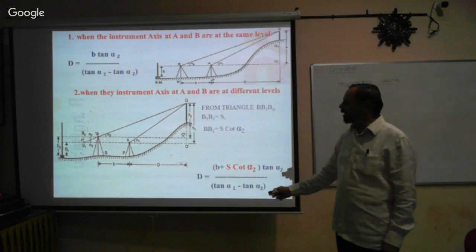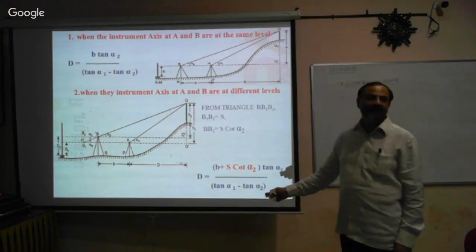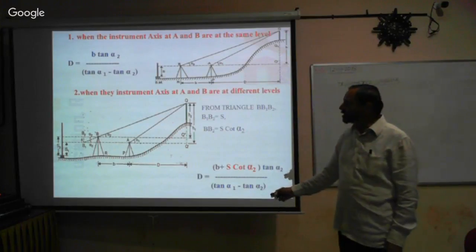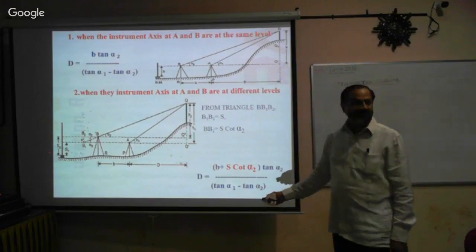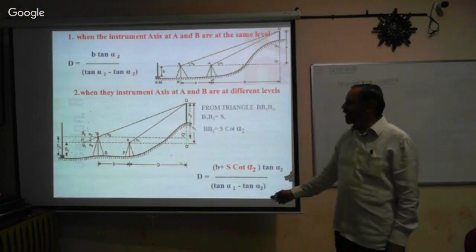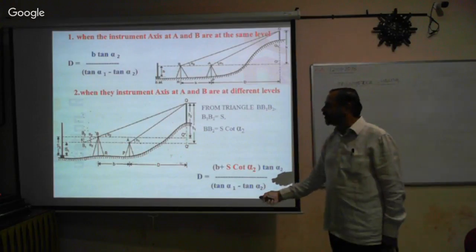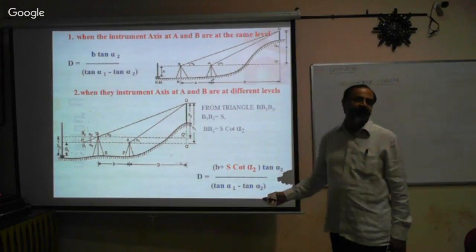Make the line of sight horizontal, and measure the back side staff reading on the benchmark. The staff reading indicates which instrument axis is lower and which instrument axis is higher.